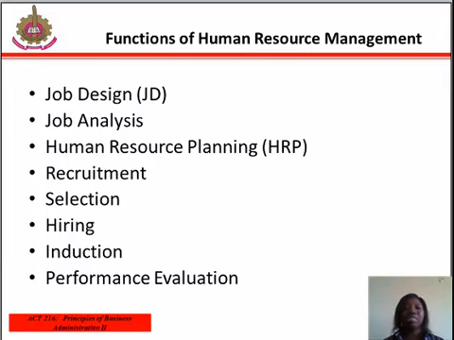Job design, that is the JD. Job design can be defined as the function of arranging tasks, duties, and responsibilities into an organizational unit of work for the purpose of accomplishing a certain objective. And this job design involves some techniques.